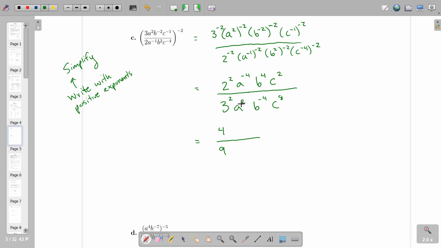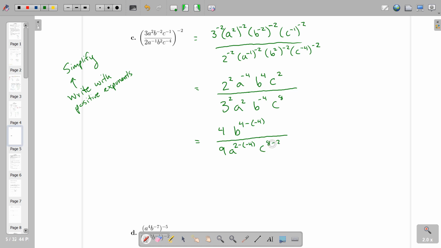And then here what we want to do is do that same analysis we did in that previous example. So I want to do some subtraction of exponents to get the A's, the B's, and the C's together. So the negative 4 is smaller than 2, so I'm going to move that down. Right? 2 minus negative 4. Negative 4 is smaller than 4, so I'm going to bring that up. 4 minus negative 4. And then I'm going to bring this down.